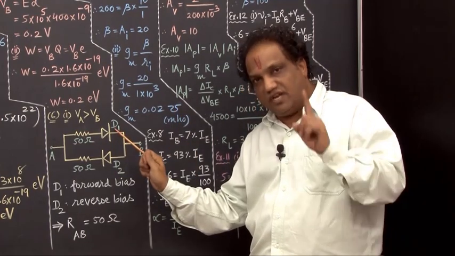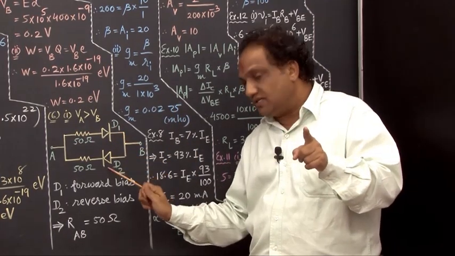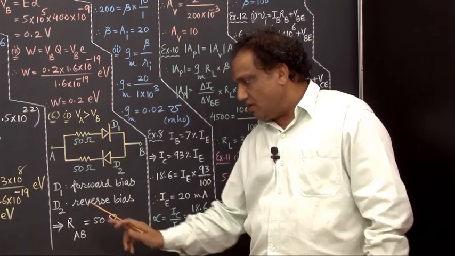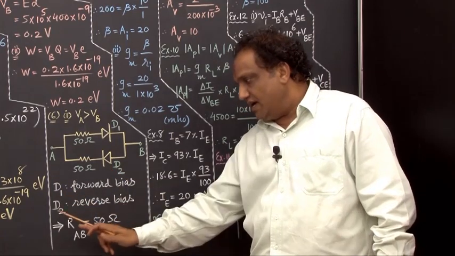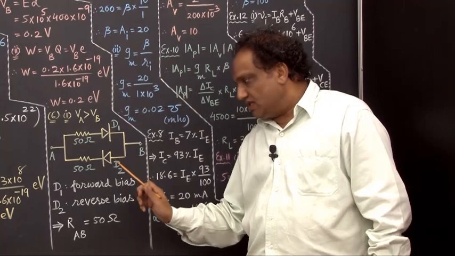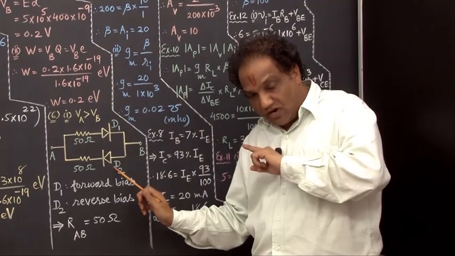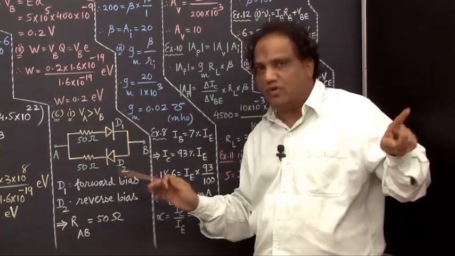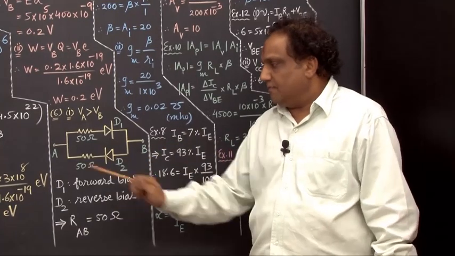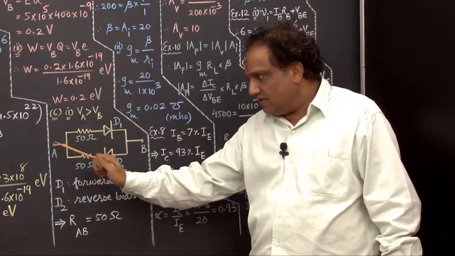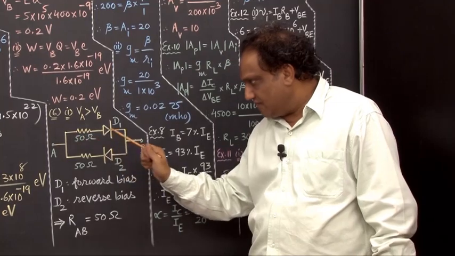So in short, diode D1 is forward bias, and in that case diode D2 is reverse bias. So I am writing here D1 is forward bias and D2 is reverse bias. Because this diode is in reverse bias condition, it will not allow any current to pass through it because it is an ideal diode. Then because of high potential here, the current will flow this way, correct?